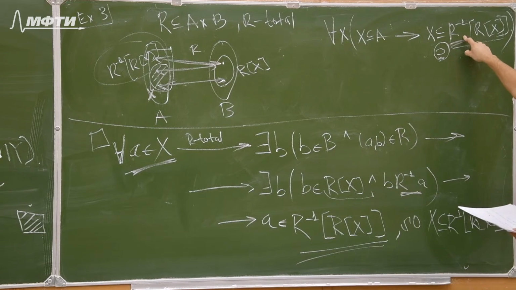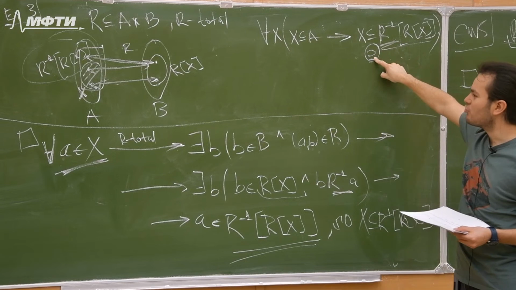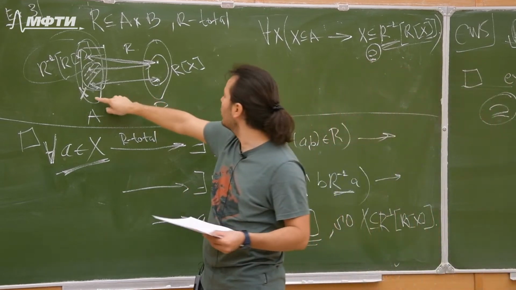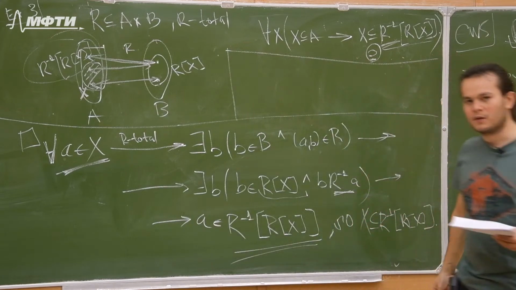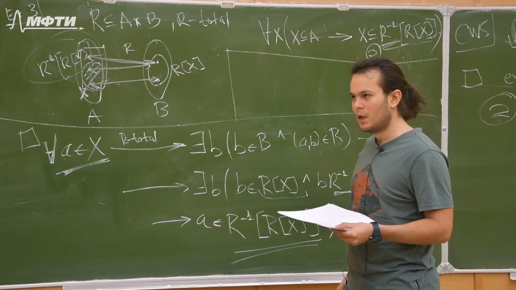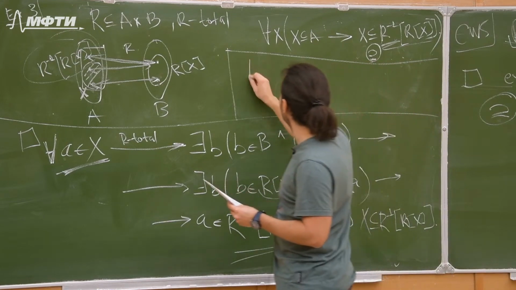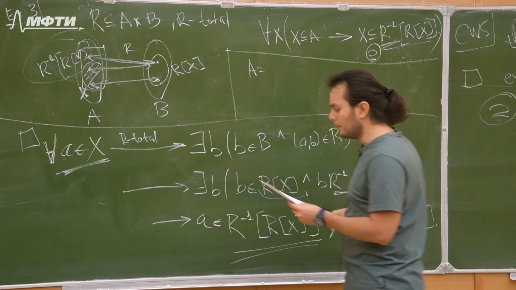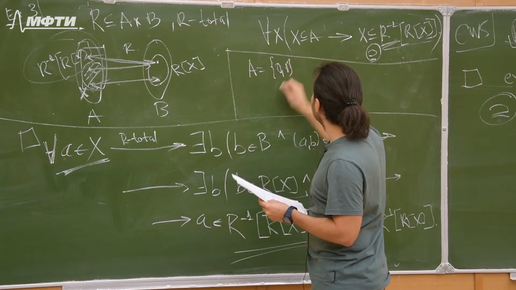And now we have to show that they are not equal, so that this is not true. We can see it from here, but I can show you some example with some specific sets. So let me take, for example, A equal to the set of 0 and 1.